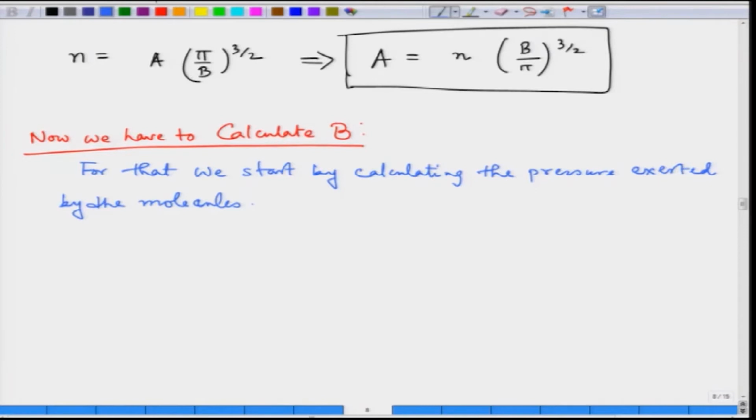Now, let us take a cubic box, and in this box we consider the particles moving in every possible direction. Sometimes they are colliding with each other, sometimes they are just moving freely. When I am talking about moving freely, that does not say that they are not moving under any force; freely means without any collision.